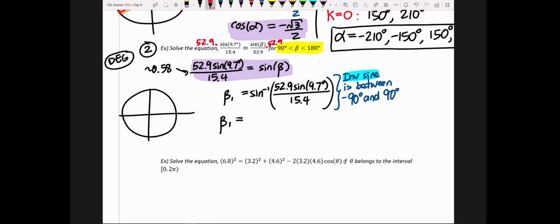It's approximately 0.58. Sine is the y coordinate. So we're about here. Okay, so the calculator is going to give you beta 1. And then from there, we need to be able to figure out beta 2.